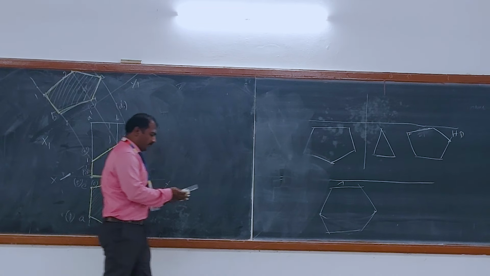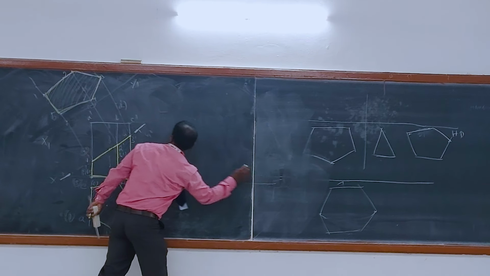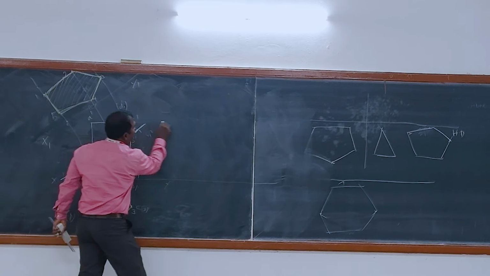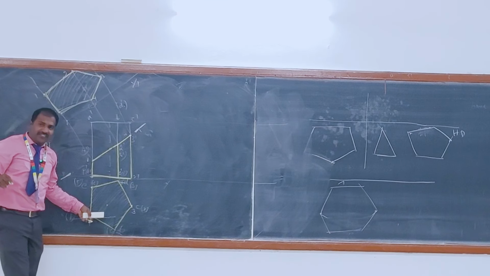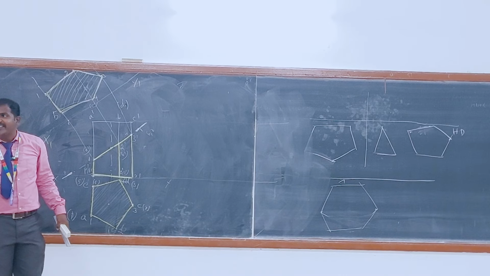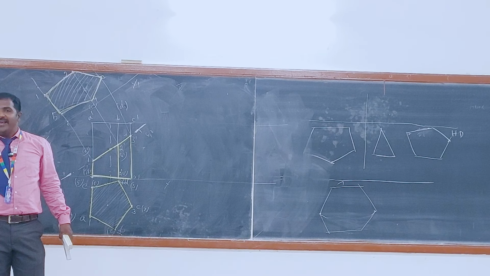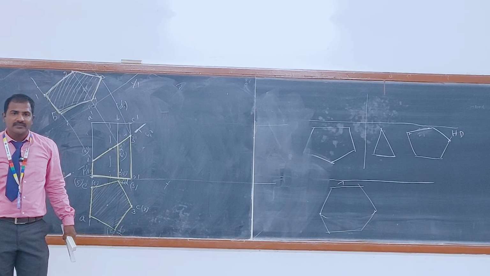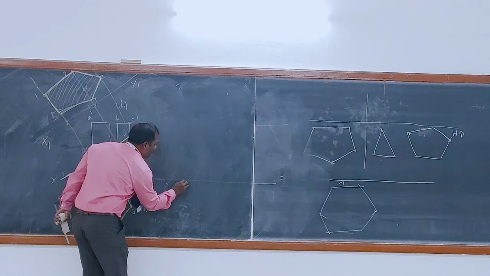Okay, so we have the xy line. Extend the xy line, and extend y as a solid. Here, how many sides do we have? 5 sides, why? Pentagon, each side 30 mm. So mark a point here.